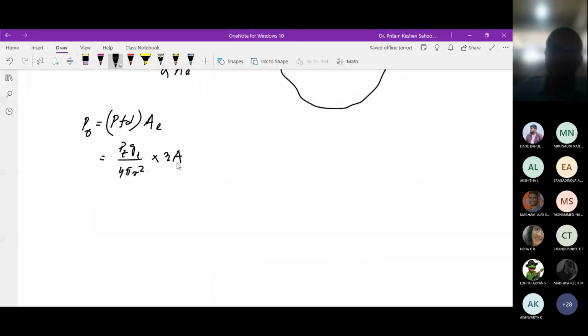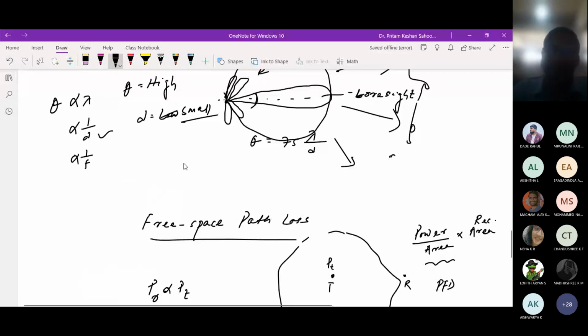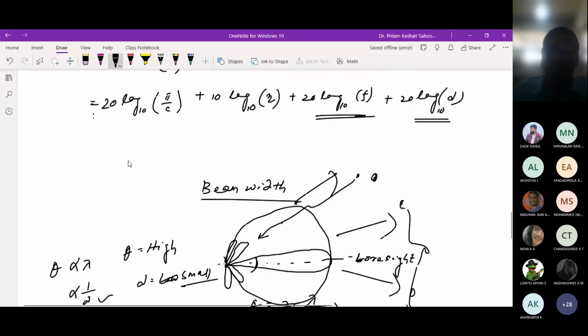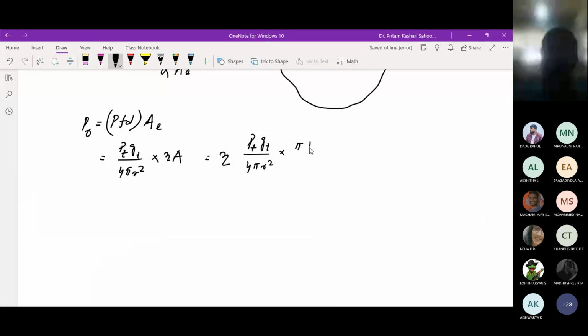So this equals eta into PT divided by 4 pi r square, into A. What is the value of A here? A is equal to pi d square divided by 4.